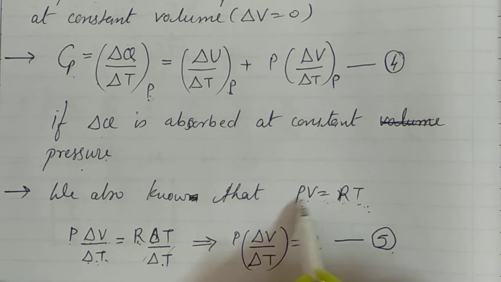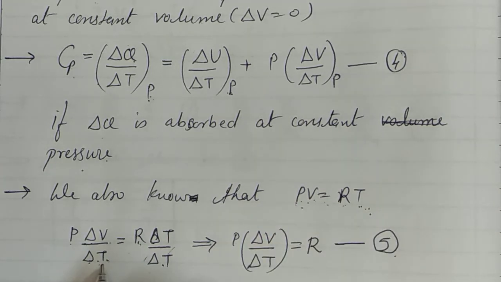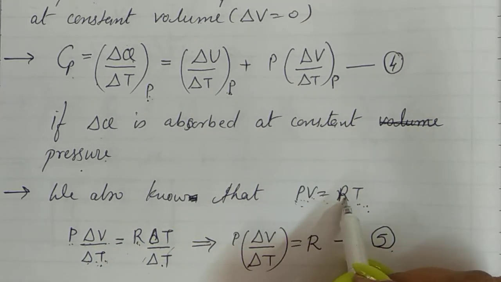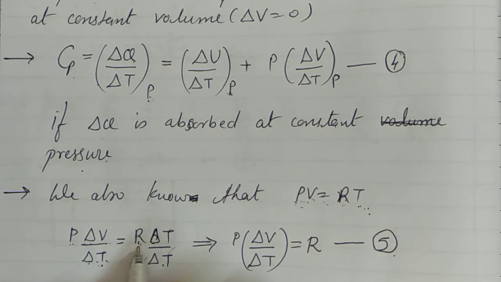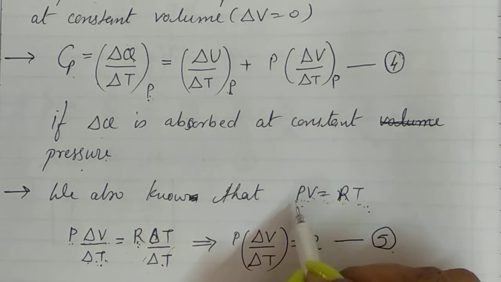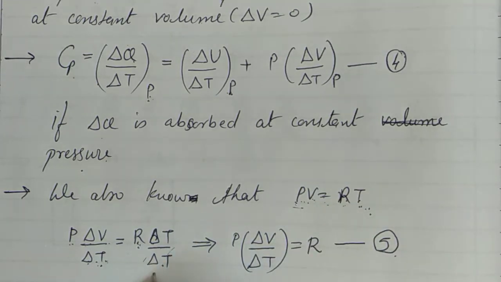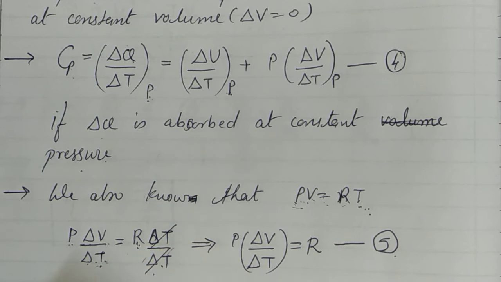So P delta V divided by delta T. Here pressure is constant, and the change in volume with respect to change in temperature equals R. R is the gas constant, so it will remain as it is. As I have divided here by delta T, I have to divide here also by delta T. So change in temperature with respect to change in temperature, these two will get cancelled. So I will be left with P delta V by delta T equals R. This is my equation number 5.